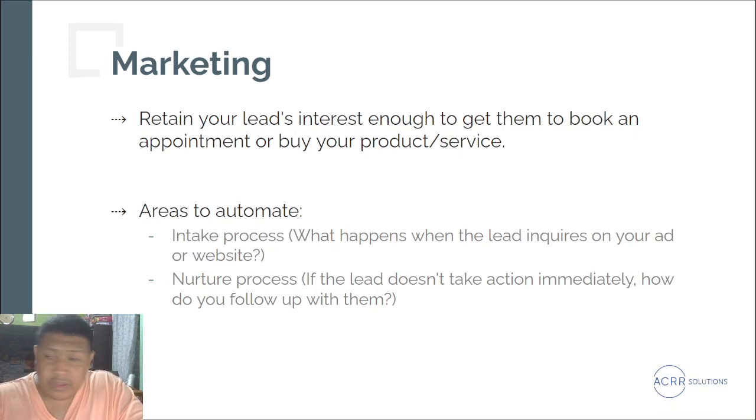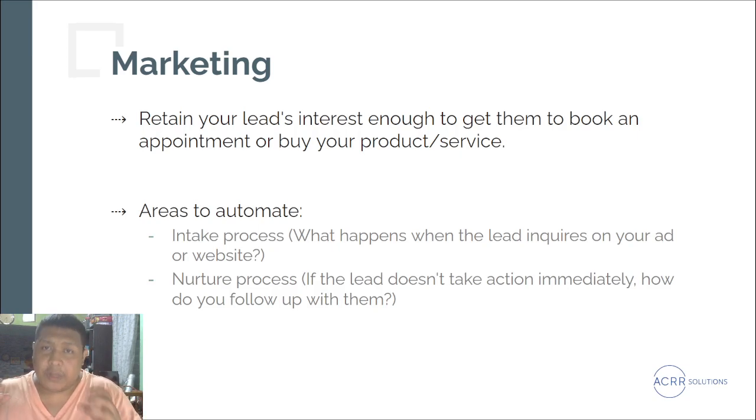In this area, there are quite a lot of things to automate. Personally, I've been doing process automation for about 7 years now, and I find marketing to be the area where you can automate a lot of stuff.